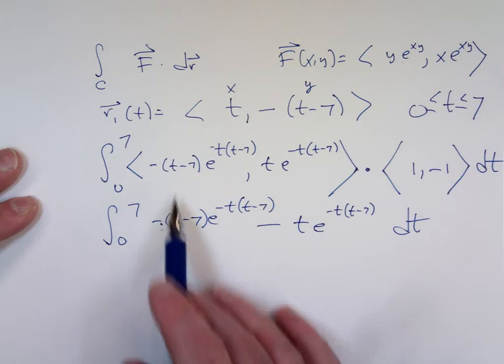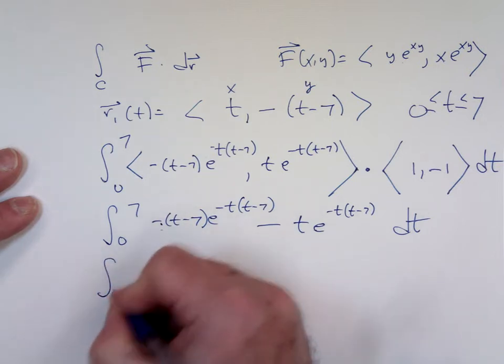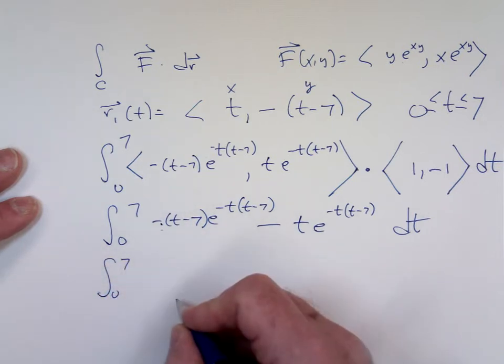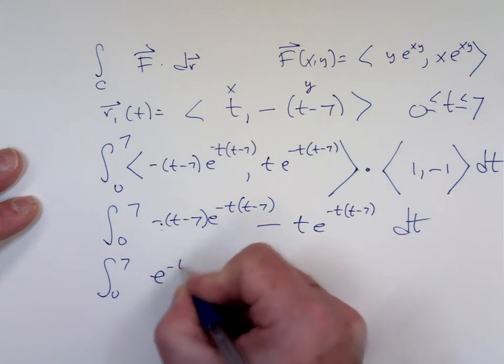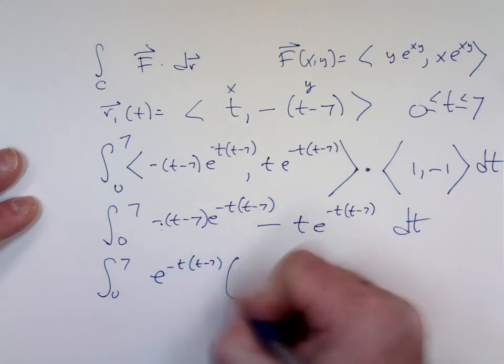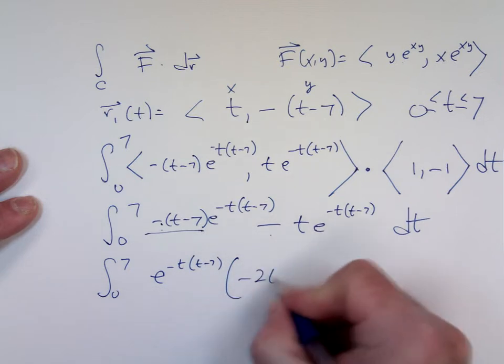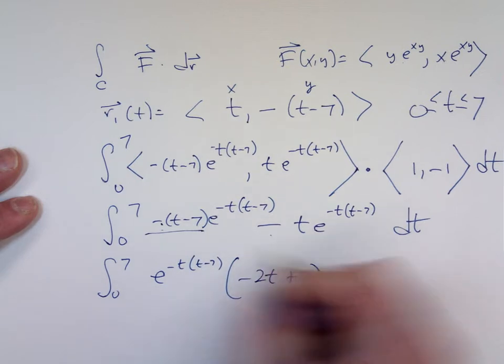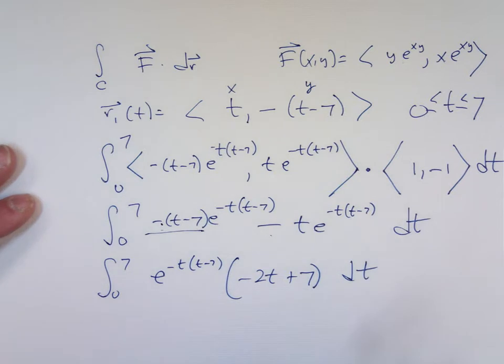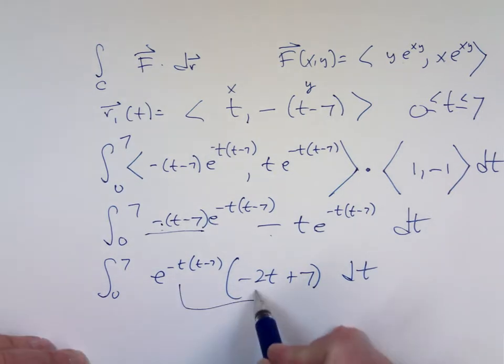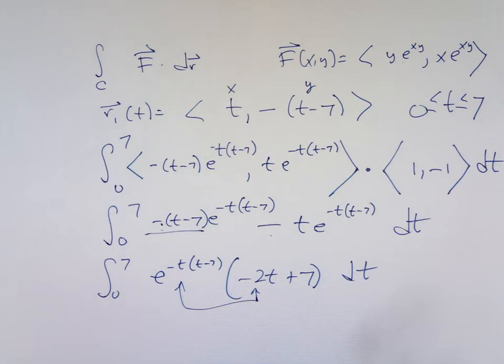You just get a negative 2. You can take that out, but that still doesn't really help, because you end up with this minus t, which is minus 2t plus 7 dt. The first integral is not bad, because that's just an e to the, no, even that's, wait a second.